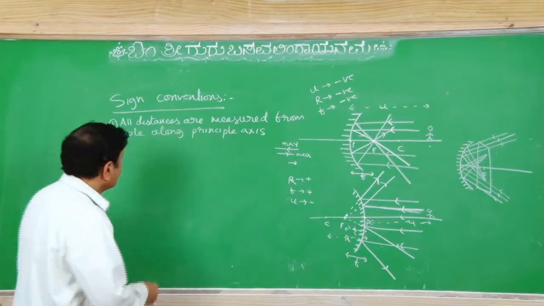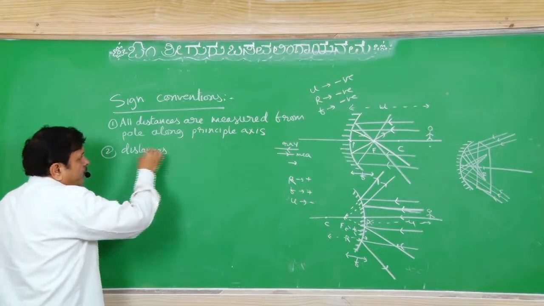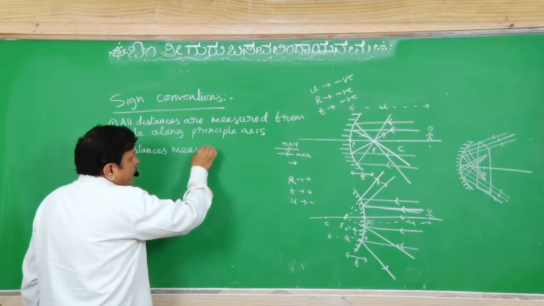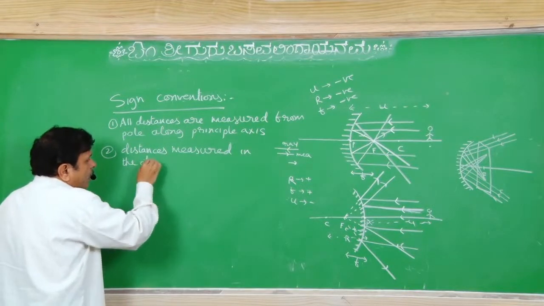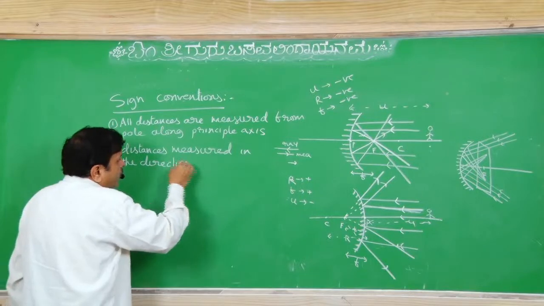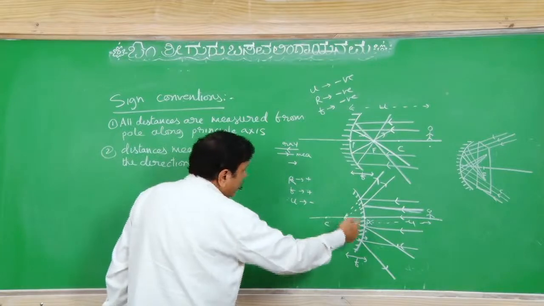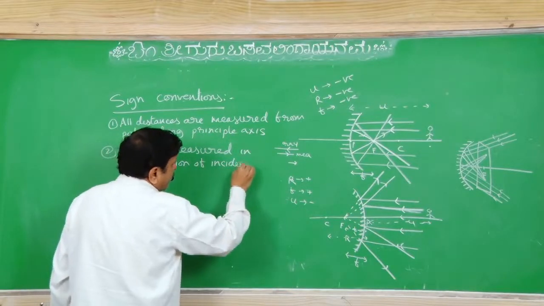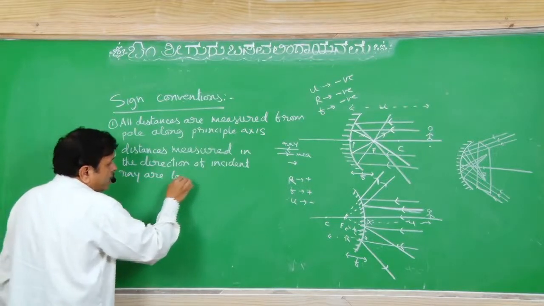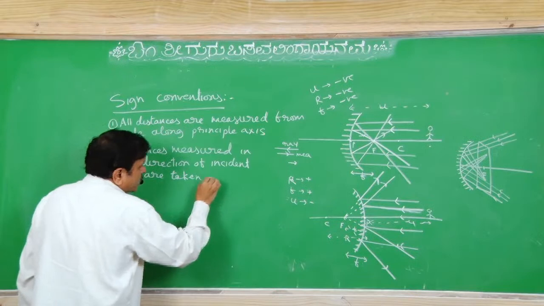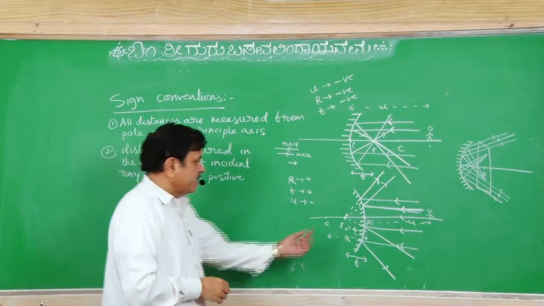So now one general thing we are getting: distances measured in the direction of the incident ray are taken positive. For this, we have explained.